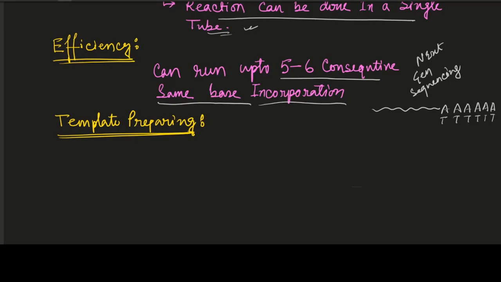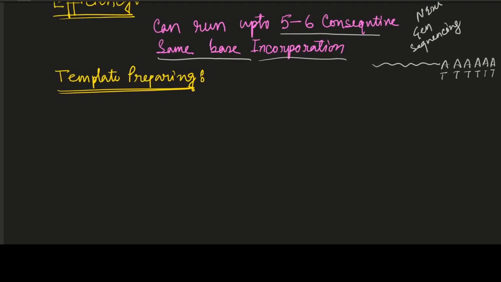So let's talk about the template preparation step. To run the pyrosequencing reaction or any synthesizing reaction, we need to prepare our template. So in pyrosequencing, how can we do that? In pyrosequencing we run PCR. So as a PCR product we will get the amplified number of our DNA.